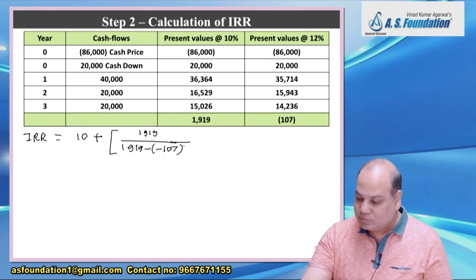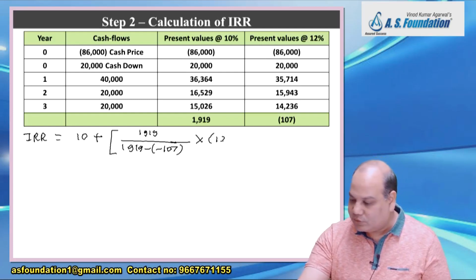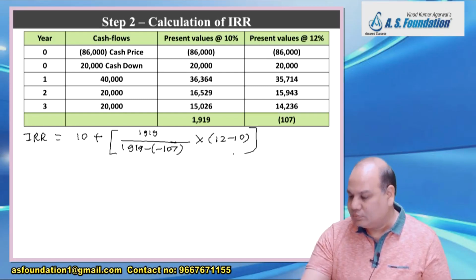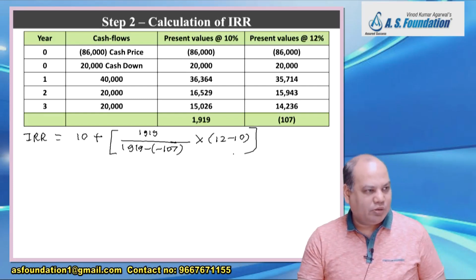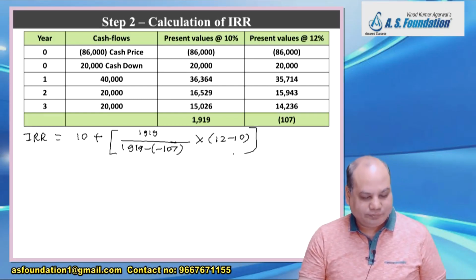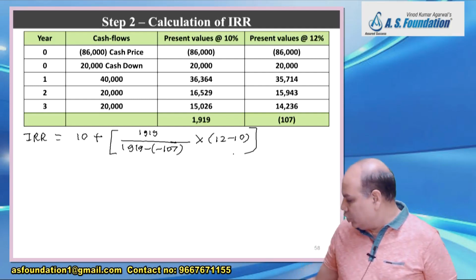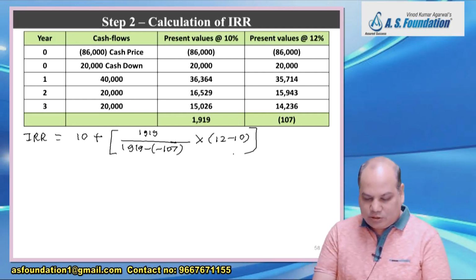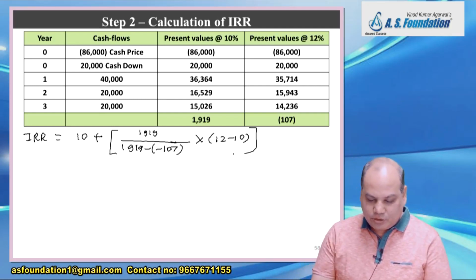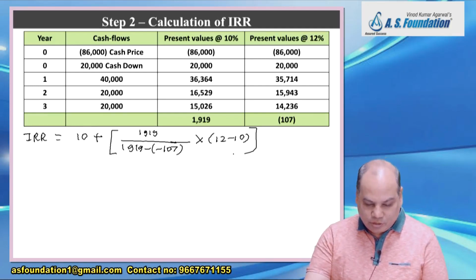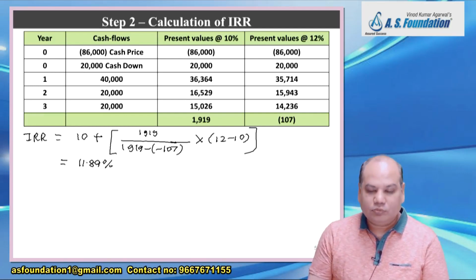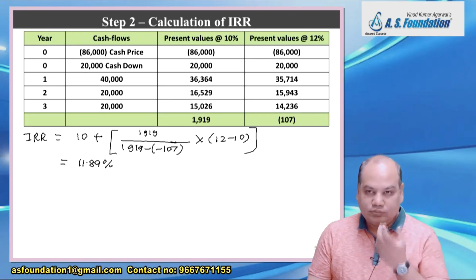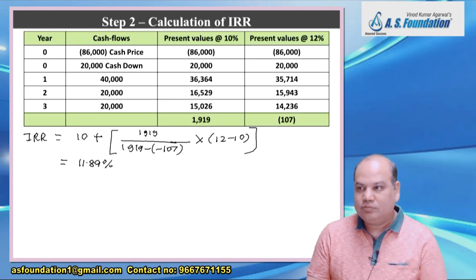And then into 12 minus 10, difference between higher discount rate and lower discount rate. Anybody wants to volunteer an answer? 11.89%. Are you getting 11.89%?